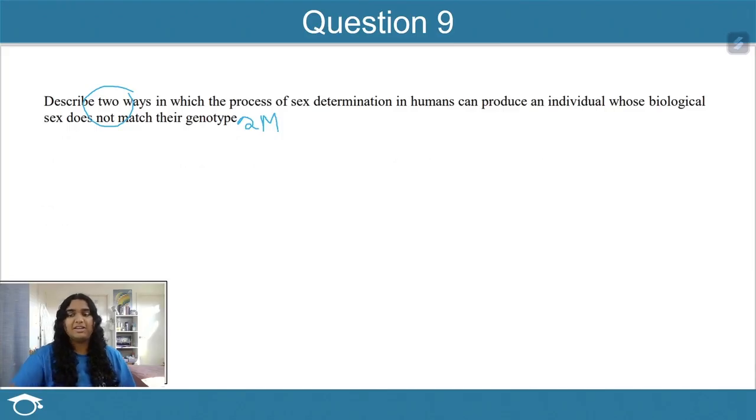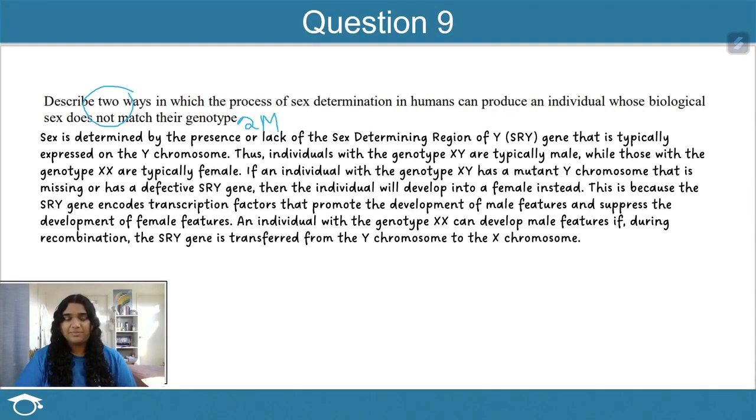So an example of that is the SRY gene. Sex is determined by the presence or the lack of the sex-determining region of Y, or the SRY gene. And typically, this is a gene that is expressed on the Y chromosome that encodes for transcription factors that turn on the genes that start forming male sex organs.